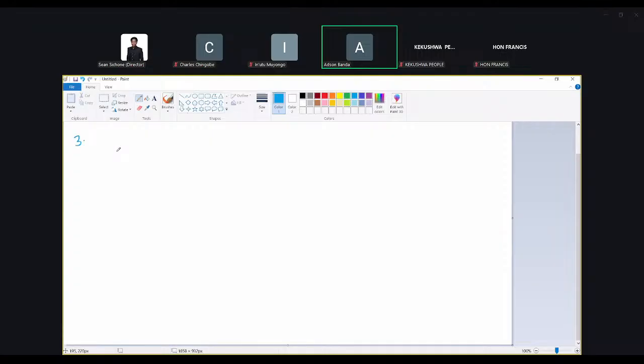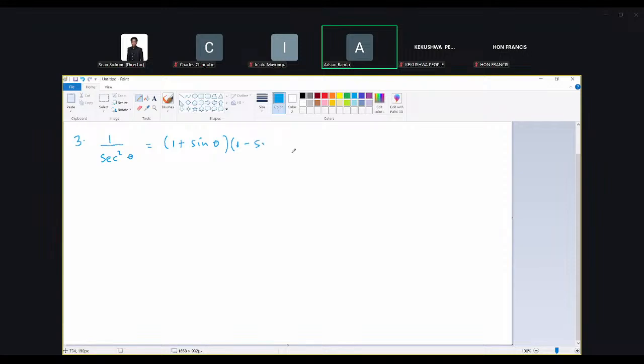So here is the third example. Let's verify that 1 over sec squared theta is equal to 1 plus sine theta times 1 minus sine theta.